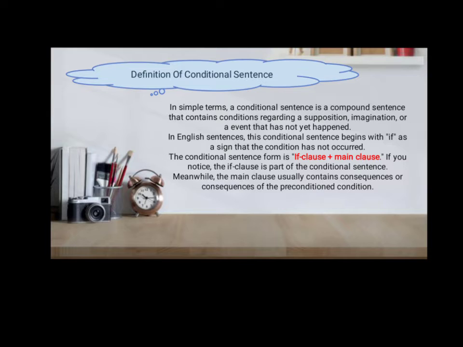The conditional sentence form is if clause plus main clause. If you notice, this if clause is part of the conditional sentence. Meanwhile, the main clause usually contains the consequences of the precondition.